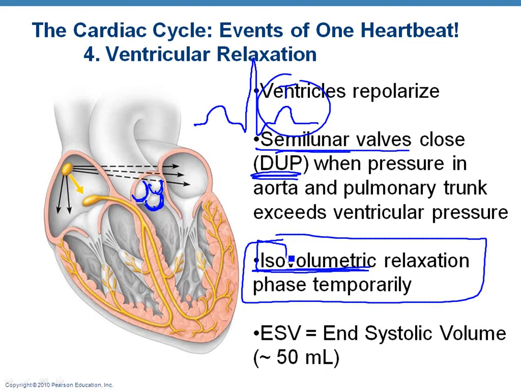That doesn't last very long, though, because as soon as the walls of your ventricles have relaxed enough, and as soon as those papillary muscles have relaxed enough, guess what? Your bicuspid valve and your tricuspid valve flaps are going to come back open, which is going to allow blood to start flowing once again passively from the atria into the ventricles.